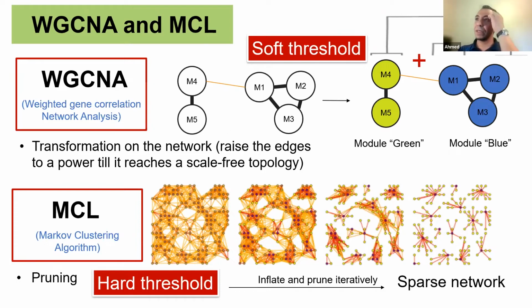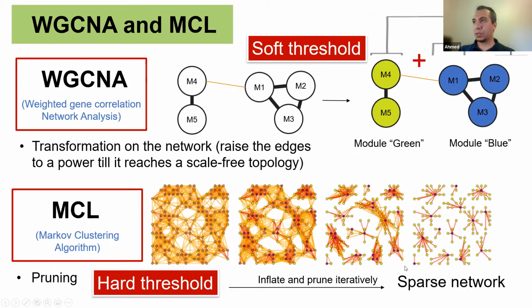For MCL, it actually takes a more aggressive approach. It does this inflation and pruning process in an iterative fashion. So it will do a transformation and then cut some of these edges, and then do another inflation, and then it does more pruning, and so on, till it reaches a point where you have a sparse network.